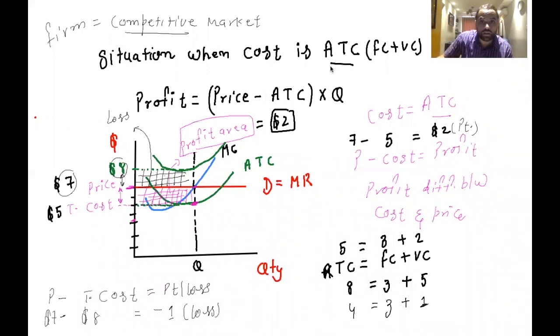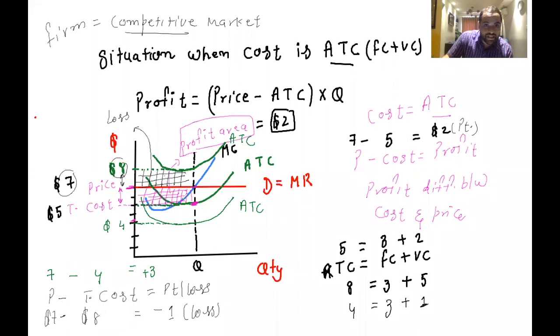So what do the curves look like for average cost here? That's your average total cost. So here it becomes $4, right? Cost is $4. Price is the same, 7. Marginal revenue, the situation where we can maximize the profit, and profit is going to be $3, right?